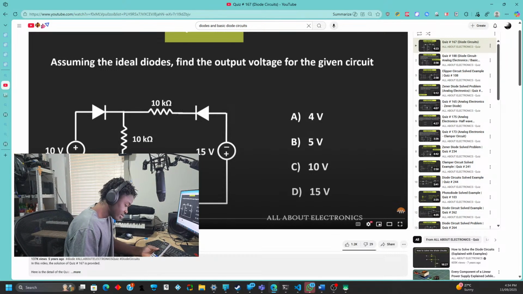So let's see what the answer is if I don't combine these two resistors in series. So that would have obviously stayed as 10. 10 divided by 10 is 1. Let's see. Let me erase this.